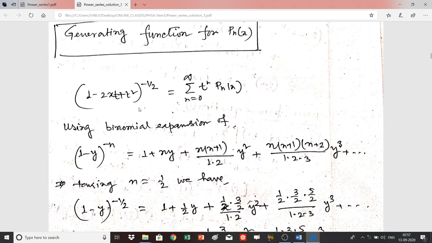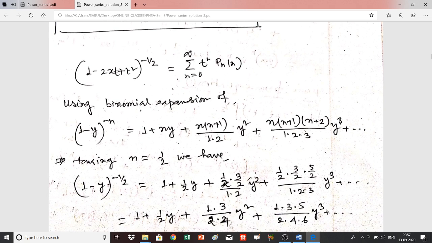Now, to do this, first we look at the binomial expansion of a function, 1 minus y to the power minus n, which can be written as 1, plus n y, plus n(n plus 1) by 1 into 2 y squared, and the next term will be n(n plus 1)(n plus 2) by 1 into 2 into 3 y cube, plus other terms.